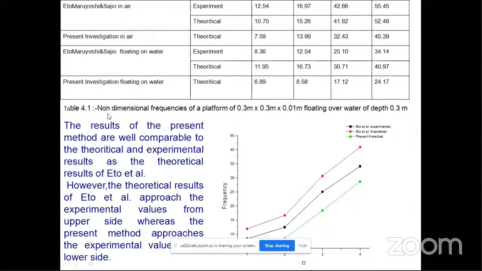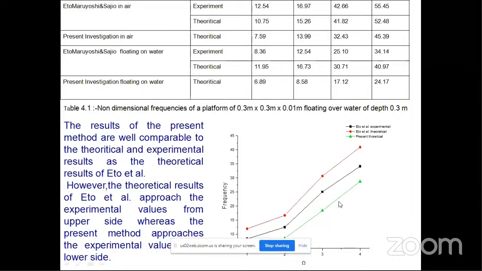Okay. Now you will come to the result. You see this black line. This black line is the experimental result. It is done by Mariosi and Sergio. And this red line is their theoretical values. They have the theoretical values and it is their experimental values.